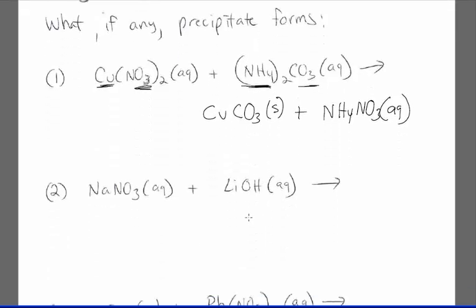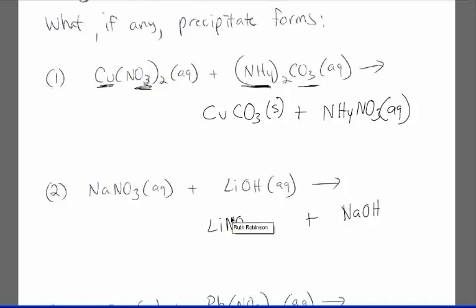All right, let's look at the next one. We have these 2 soluble compounds. The possible cross products, meaning a cation from one with the anion from the other, are lithium nitrate and sodium hydroxide.